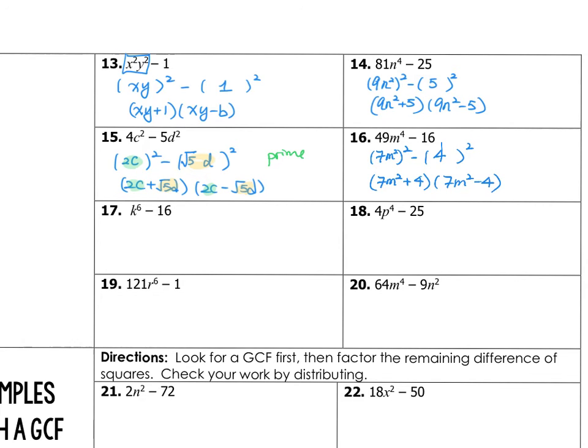Now, here, again, something squared minus something squared. 16 is easy. 4 times 4. K raised to the 6th, if I square root it, will be k cubed, right? So it's k cubed plus 4 times k cubed minus 4.